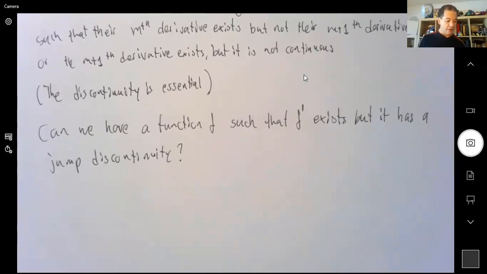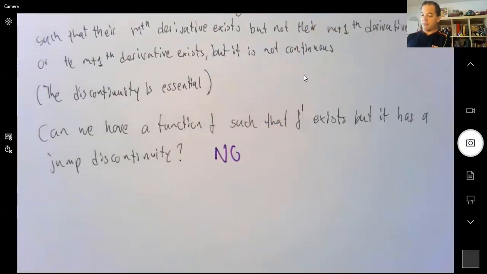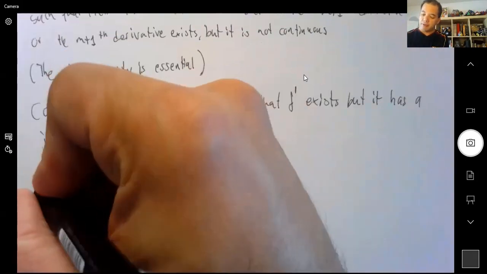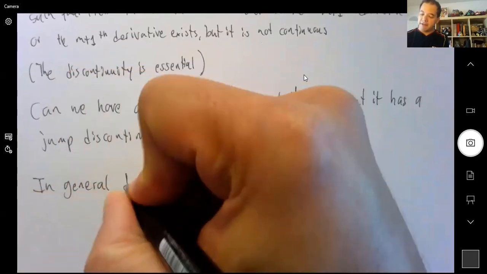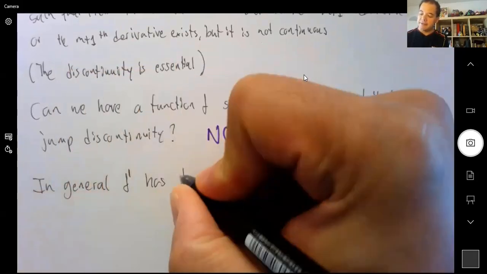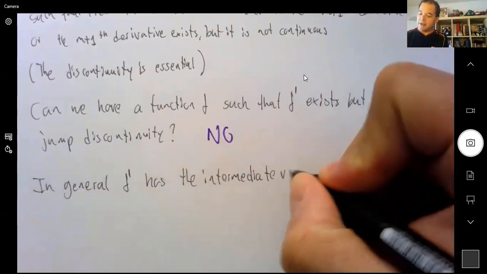So actually, the first derivative happens to have the intermediate value property, right? So the answer to this is no. And what we just said is that the derivative in general, f prime, has the intermediate value property.